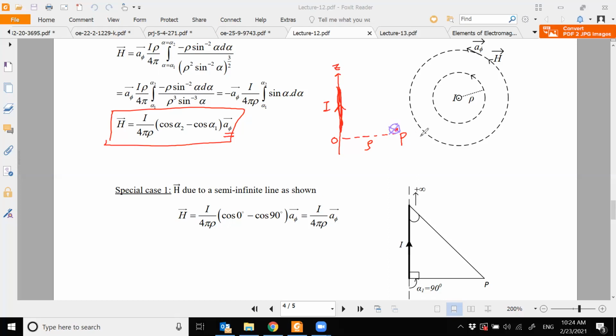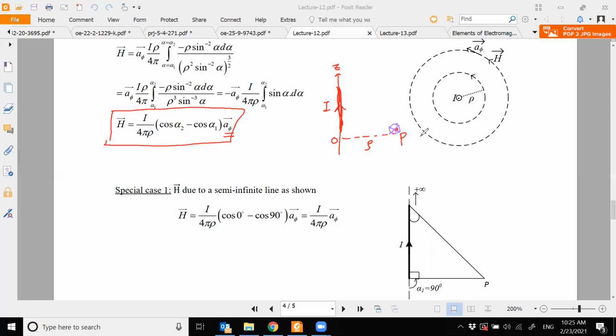Here you can use the right hand rule. The right hand rule says that if you put your thumb along the direction of the current, then the curving of all 4 fingers will give me the direction of the magnetic field.